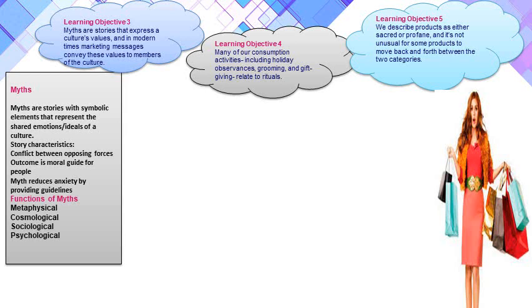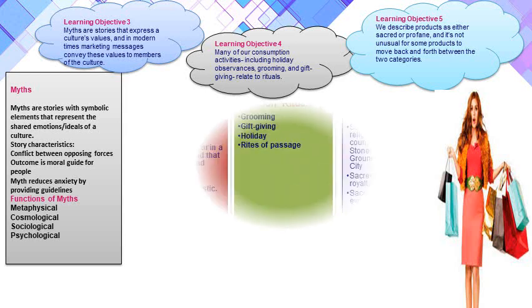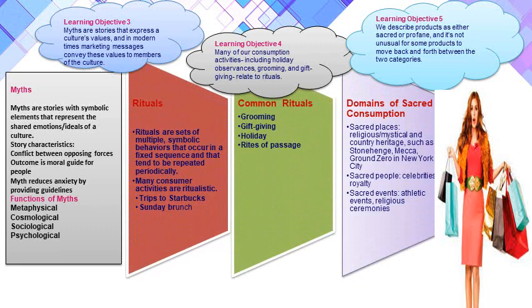Rituals. Rituals are sets of multiple symbolic behaviors that occur in a fixed sequence and tend to be repeated periodically. Many consumer activities are ritualistic, like a trip to Starbucks or Sunday brunch.